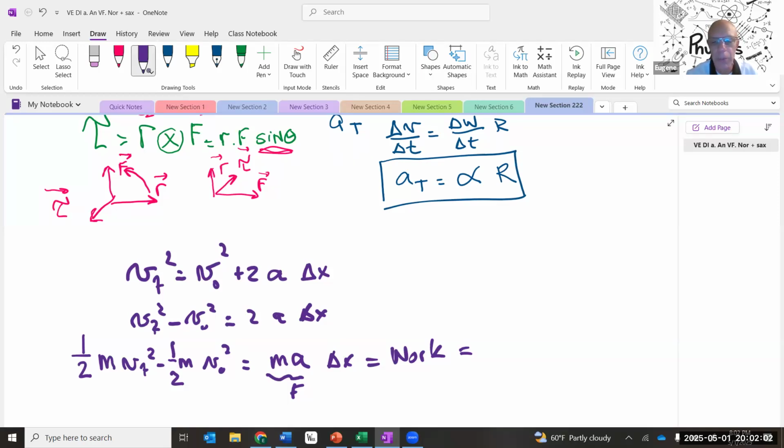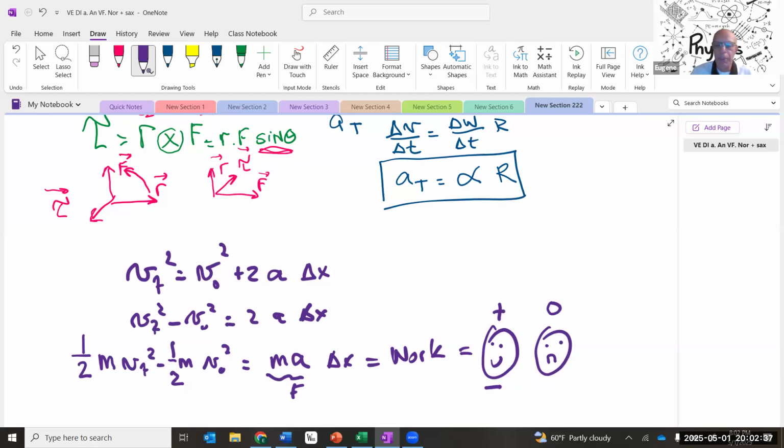So you need to pay attention to that. It's either 0 or not 0. Work could be positive or negative, but 0 is 0. Work could also be work against the system, against the motion, so that would be negative work.